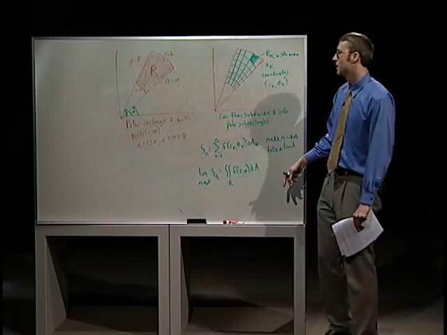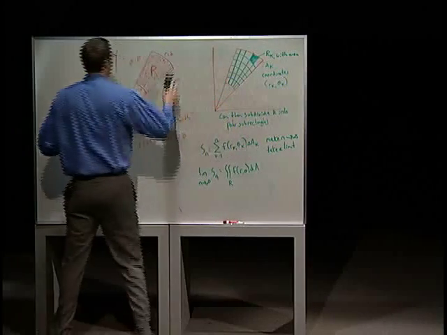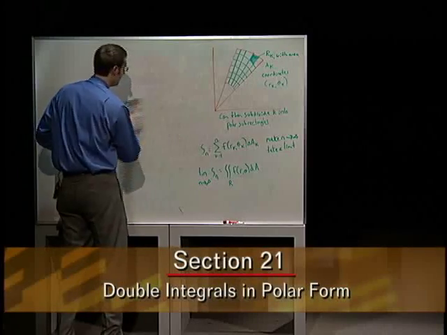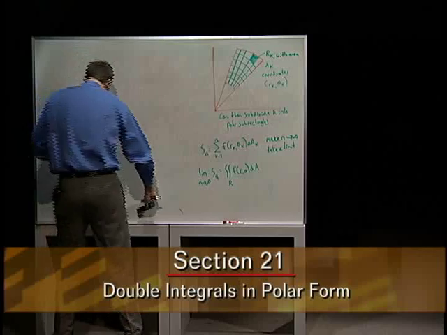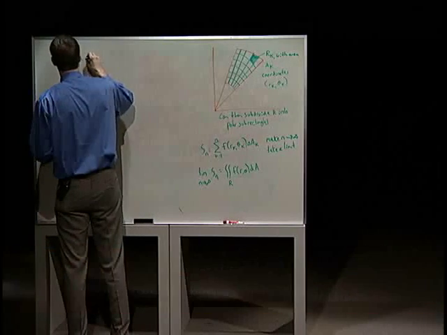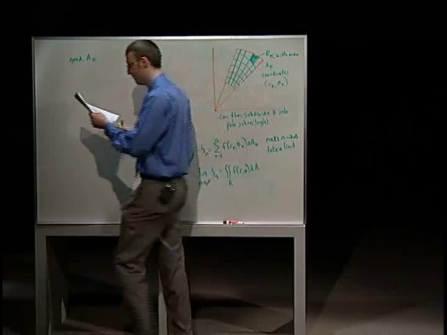Now, here's where the big difference is, though. We need to figure out what the area of each of these polar subrectangles is and look at the change in it. So we need the area of a typical polar subrectangle, A sub k.